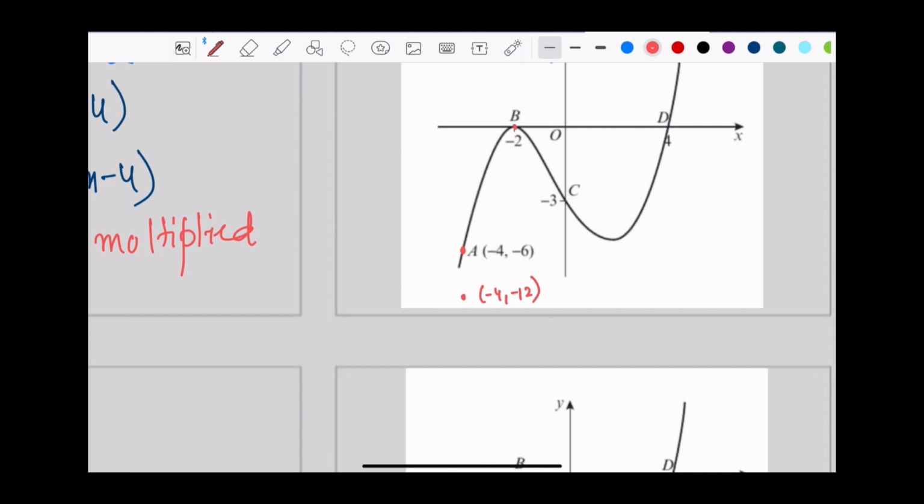This coordinate B is negative 2 comma 0. If I multiply 0 with 2, it remains as is, so there won't be any difference here. This point C, which was 0 comma negative 3, after the impact will reach a point somewhere here, 0 comma negative 6.